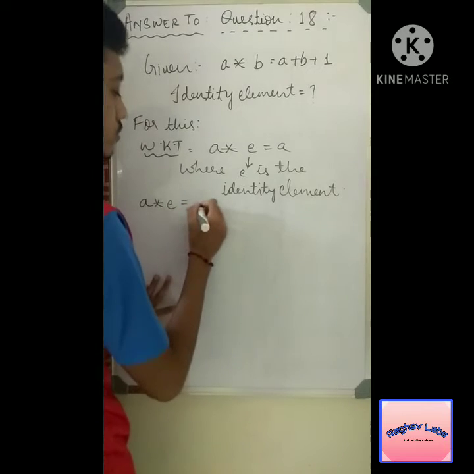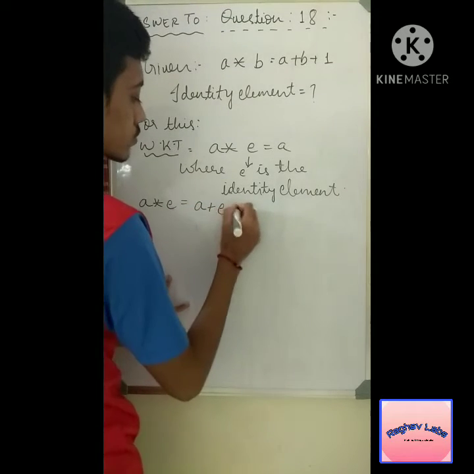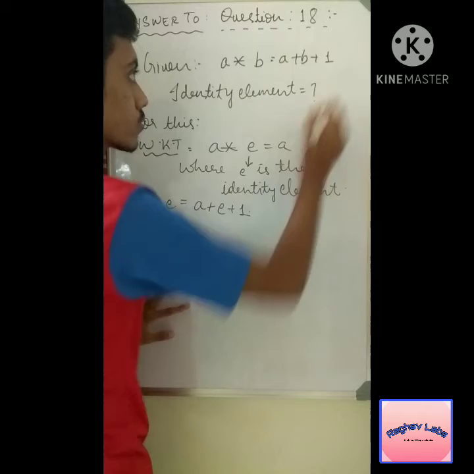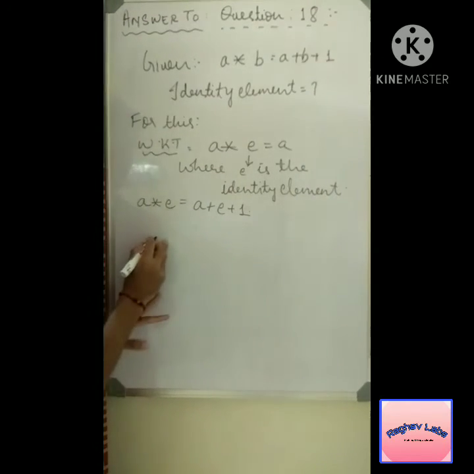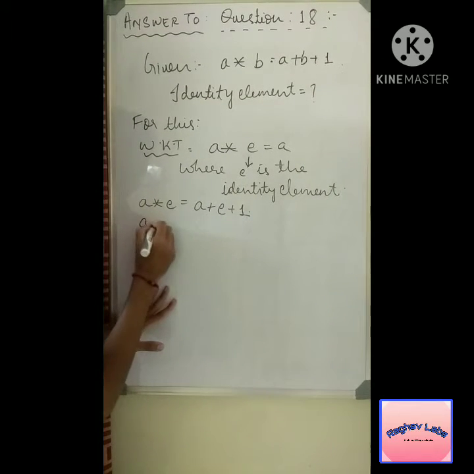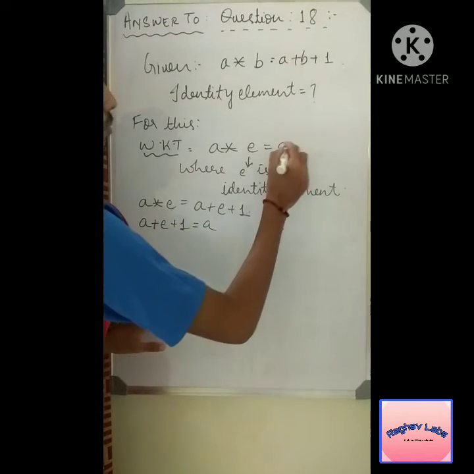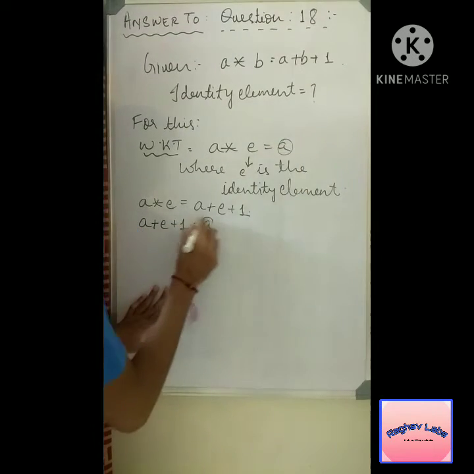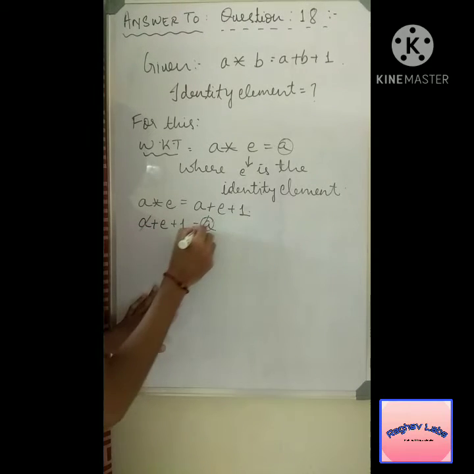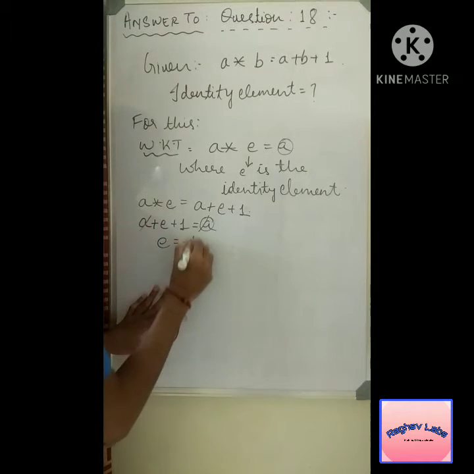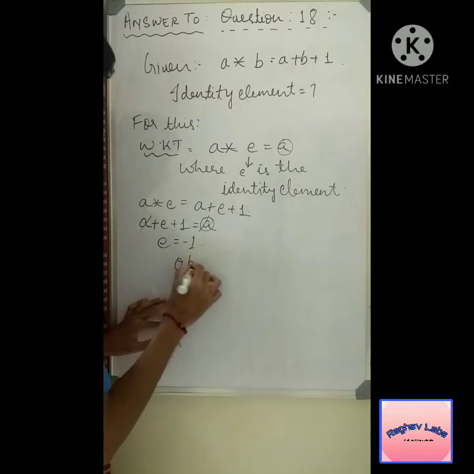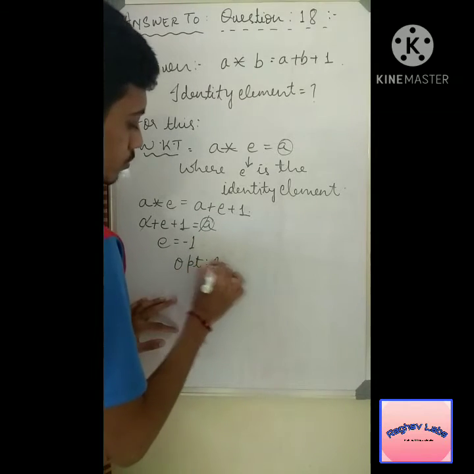A star E is equal to A plus E plus 1. In the place of B we get E, right? So A plus E plus 1 is equal to A as per this equation. So A and A get cancelled and we get E is equal to minus 1, which is in option A.